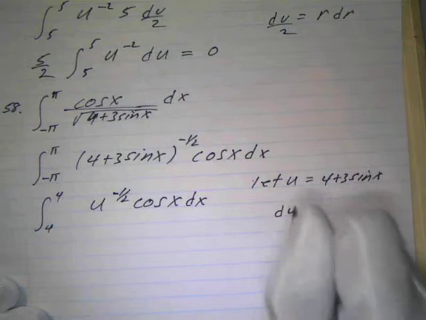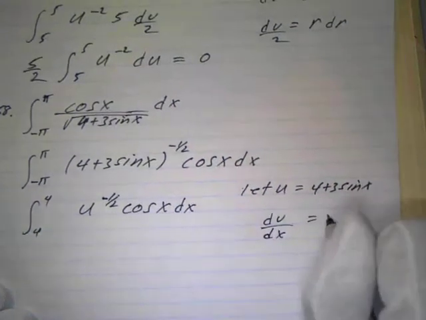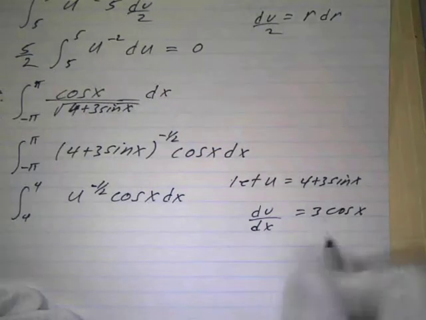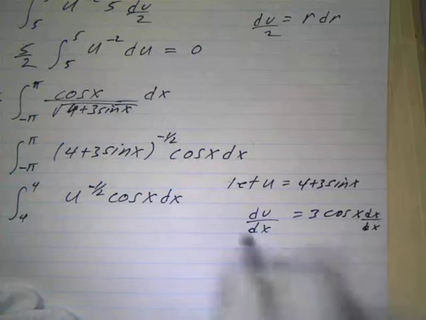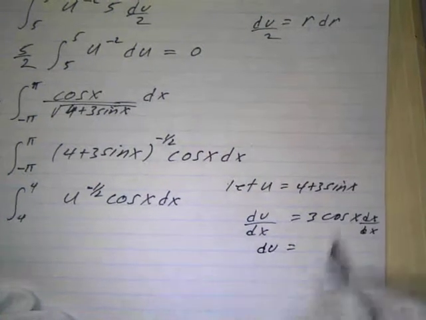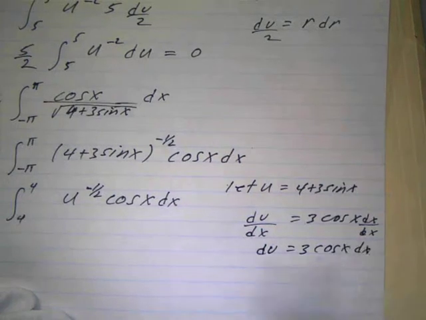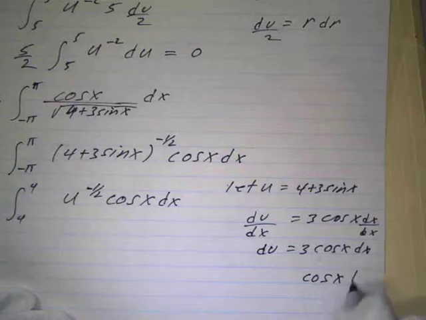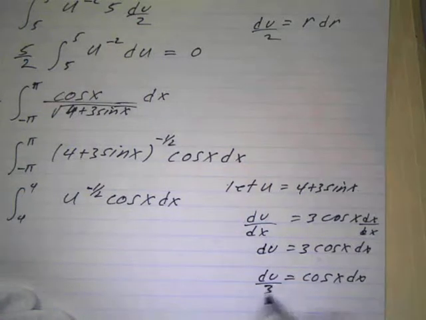Okay, so du dx equals 3 cosine of x. The derivative of sine is cosine. That's dx dx, so that's 1. We put this other dx over here. So we have du equals 3 cosine x dx. I've almost got a match. I just need to get rid of the 3. So I get the cosine of x dx equals du over 3.